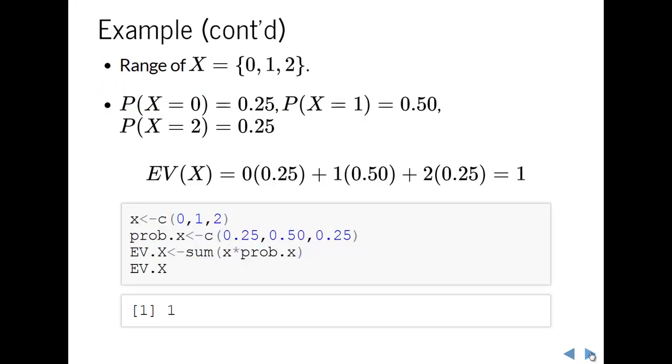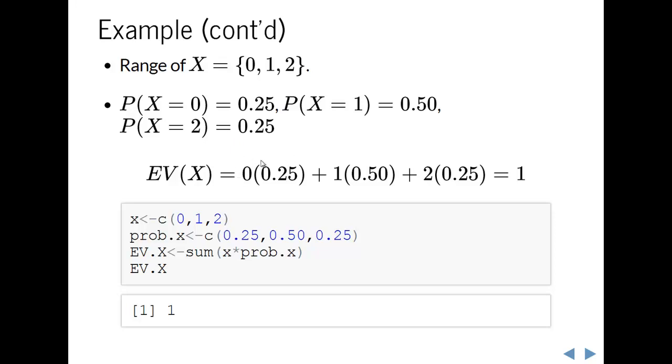Let's compute it. Here we've listed all possible values that x can assume, along with the corresponding probabilities. We did this in the last set of slides, so if you don't remember, you might want to flip back to part 1 of chapter 7 and review this. To compute expected value, we multiply each value of x by its probability.